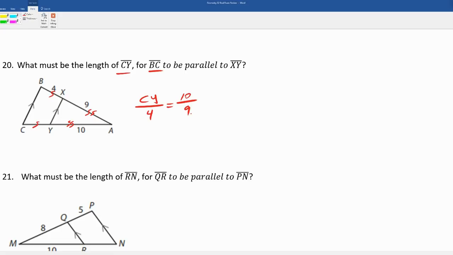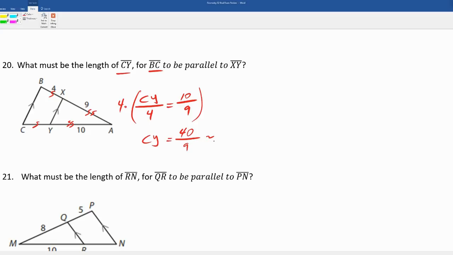How do you get rid of a dividing 4? Multiply. Just remember, what you do to one side, do to the other. That's why I'm using those parentheses. And you're going to get 40 divided by 9 for CY.